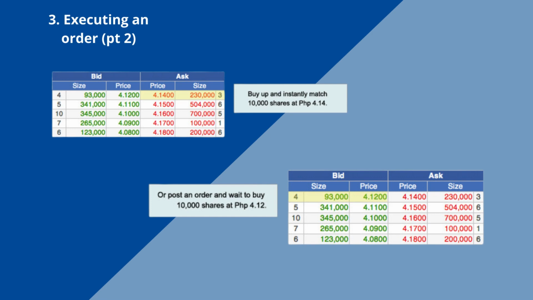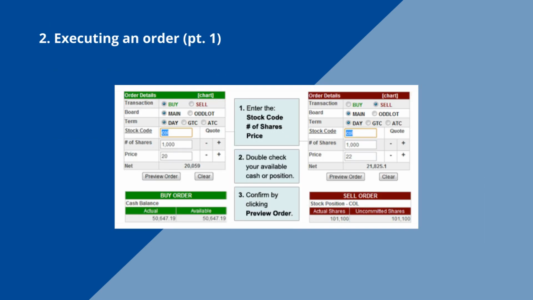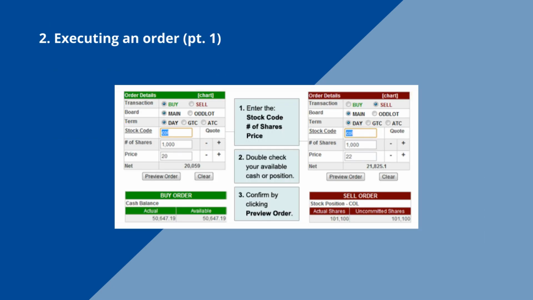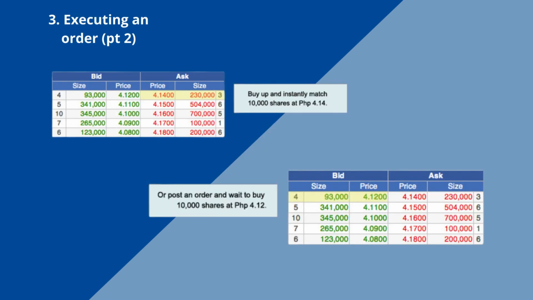Next, you confirm. Now to execute the order, you could do either of two things. First, you could match it to the asking price. So if someone's selling at 4.14, you could enter the price here as 4.14, and that would immediately execute the order and you'd receive the shares.